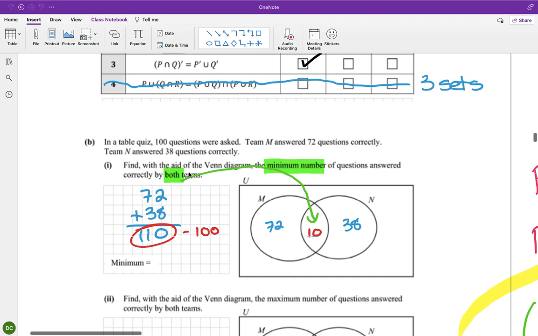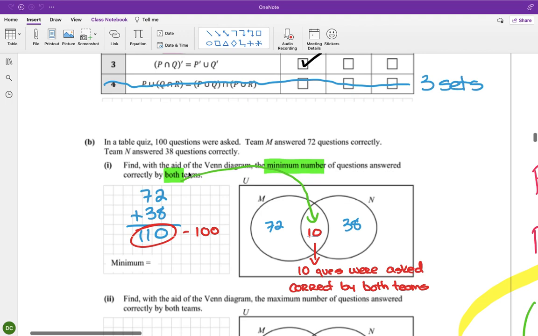That means 10 questions were answered correctly by both teams, whatever they were. I don't know, question 1 and question 8 and question 20. There were 10 questions that both teams got right.